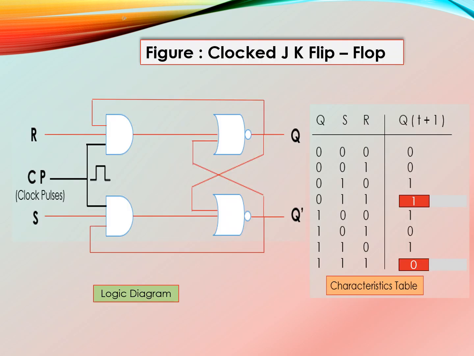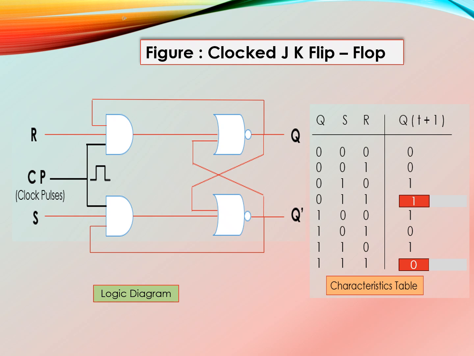Here we see the logic diagram of the JK flip-flop and characteristic table. The JK flip-flop logic diagram looks more complex because it includes additional feedback paths that prevent the invalid state found in RS flip-flops. It uses NAND gates and control feedback to ensure that outputs always remain valid even when both inputs are high.